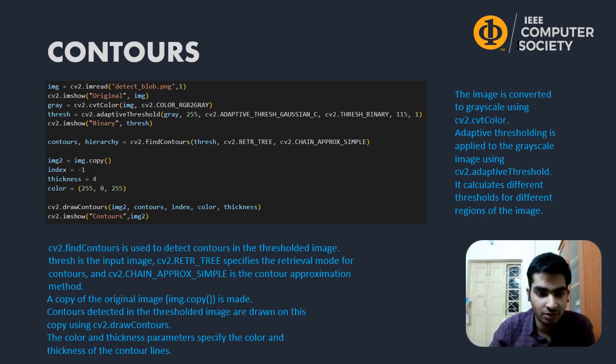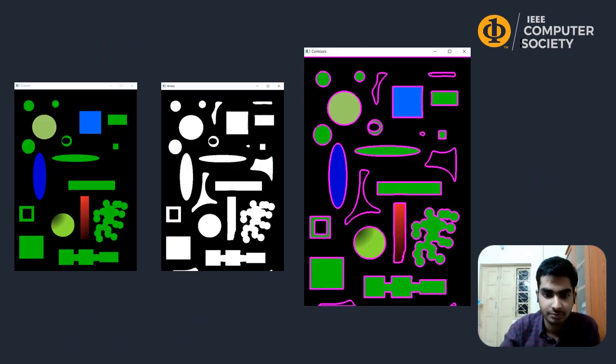Now using the drawContours method, we obtain the output like this. So this is the original image. We have converted that to grayscale like this. Now after using drawContours, first we are finding the contours and then we are drawing the contours. So this is the color we specified and the thickness. So these are the contours or perimeters we are obtaining.